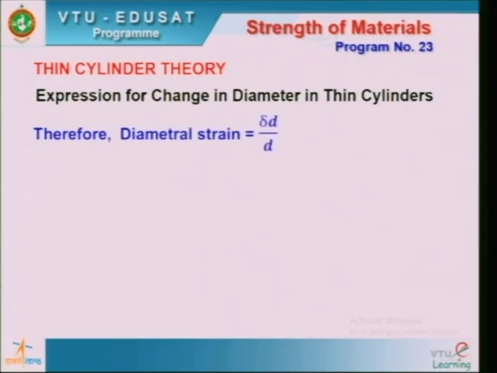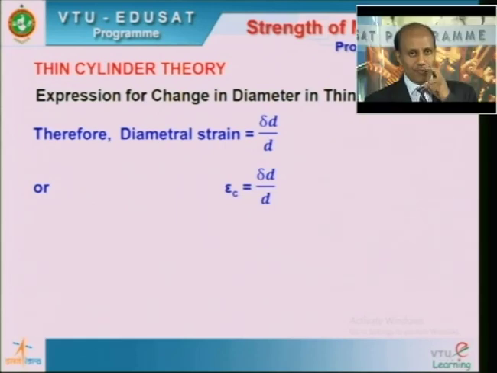So, with this understanding, we can write diametral strain as delta d by d, that is change in diameter by initial diameter. Already we have got an expression for epsilon c in the last slide. What is epsilon c? PD by 4TE into 2 minus nu is what we have got. You can always substitute the parameters on the RHS and get epsilon c.